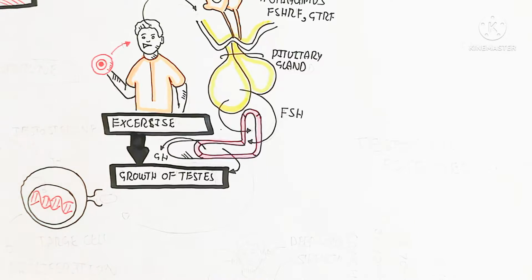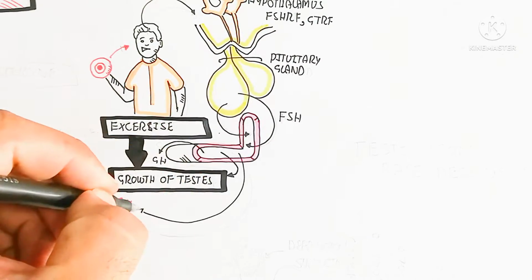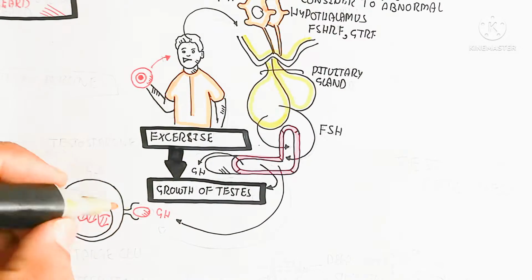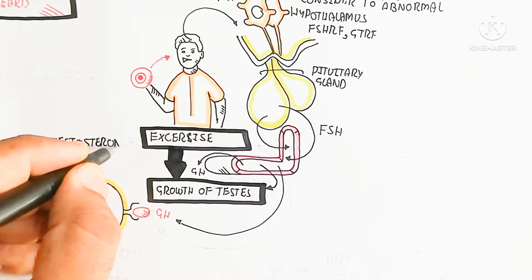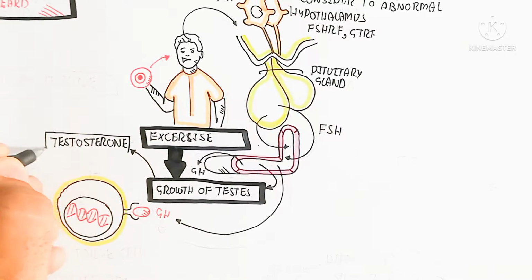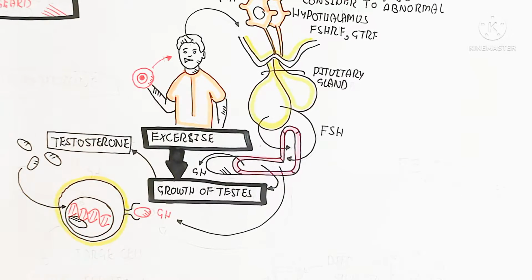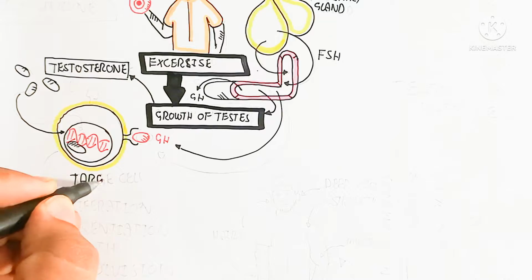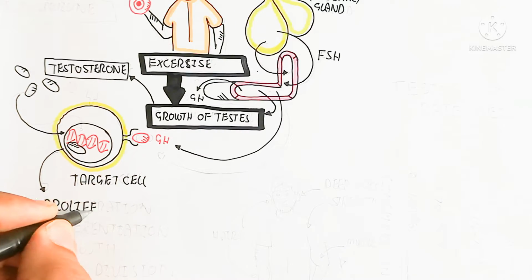The testis produces testosterone, which is also responsible for the increase in testis size and the reproductive organs. Growth hormone binds with a receptor, while testosterone binds directly to the DNA, leading to a change through transcription factors in the target cell.